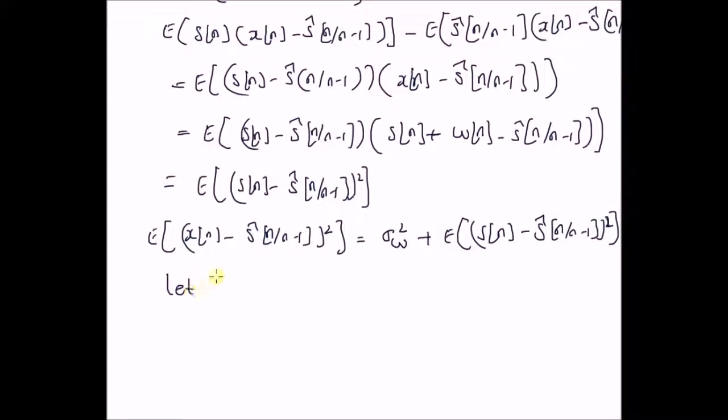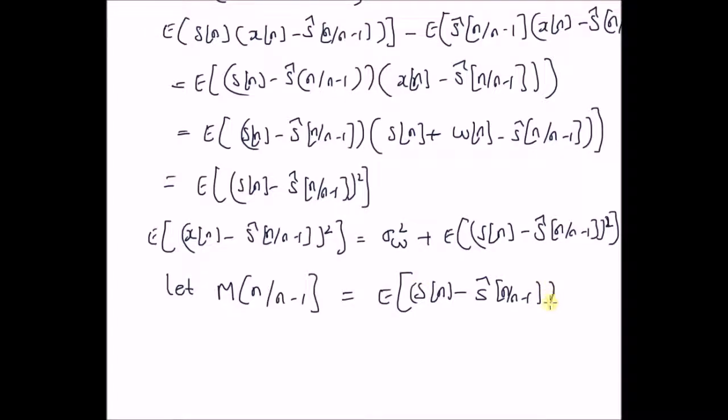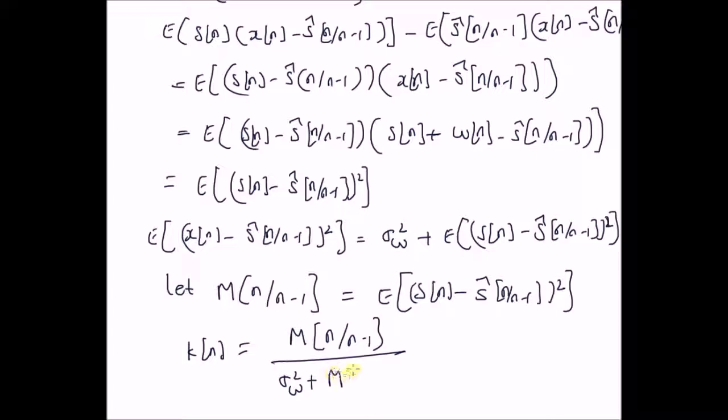Now let us denote this expectation of the difference square as m of n given n minus 1, which is basically the minimum prediction error, equal to expectation of s of n minus s hat of n given n minus 1. So this is the true value and this is the predicted value. So the expectation of the square difference is clearly equal to the minimum prediction error. So the Kalman gain is equal to, the numerator is m of n given n minus 1 and the denominator is sigma square w plus the prediction error.